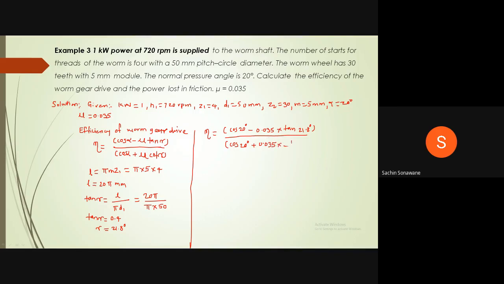We will write 1 divided by tan of 21.8 degree. Therefore, determine the efficiency. What is the efficiency? Please calculate.